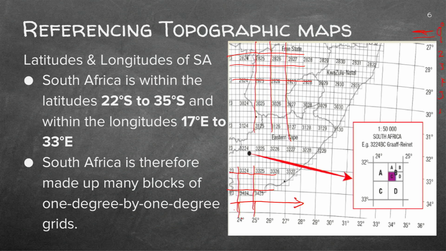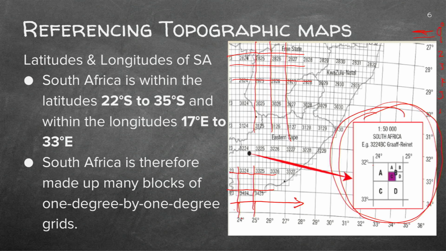So this is what every 1 degree by 1 degree of latitude and longitude looks like. This has just been embossed here for you to see. So on every 1 degree by 1 degree block, this is what you see.